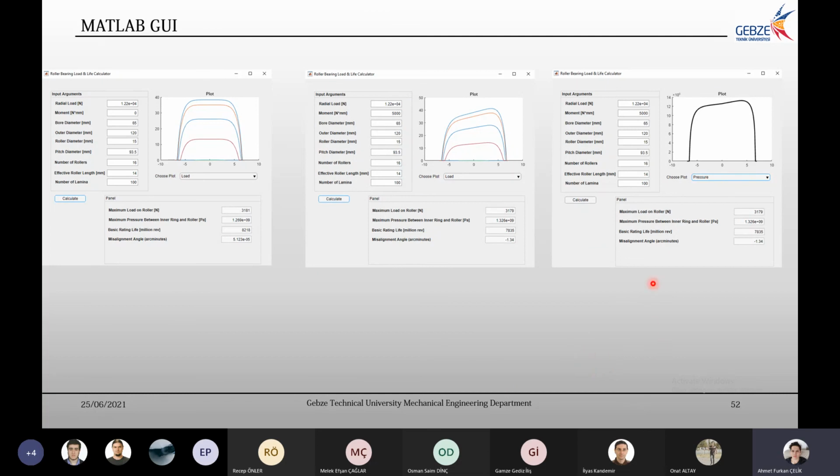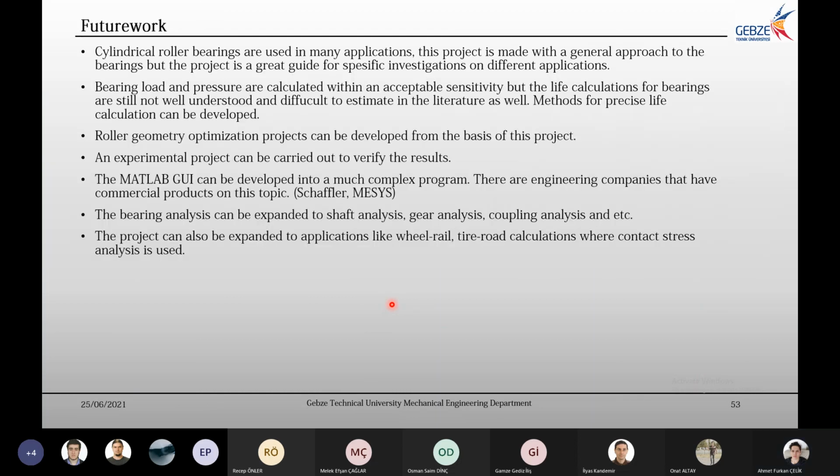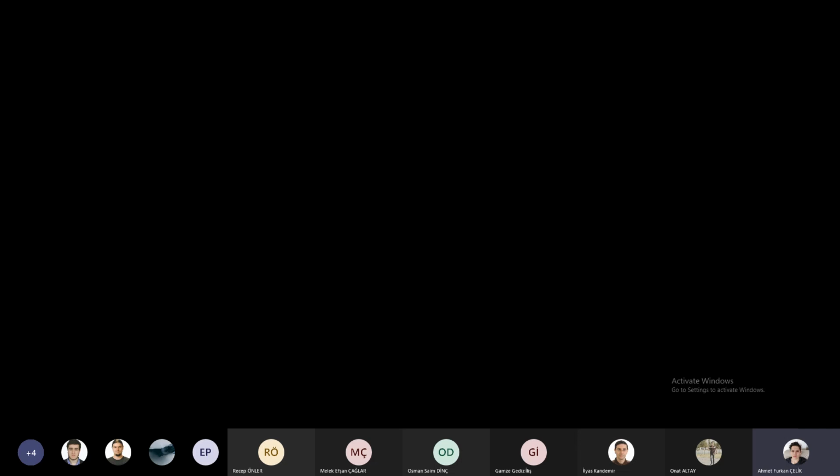These are sold by some companies, so this can actually be developed to become a commercial program because there are companies like Schaeffler that sell these, and there is a company named Messis, and they're really expensive. Maybe this can be developed and become more sensitive and more reliable, and maybe it can become a commercial product in the future. And these are my future works and references.